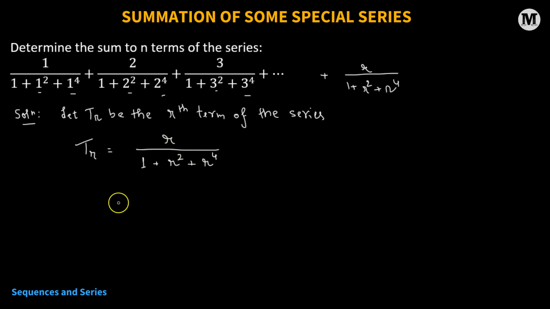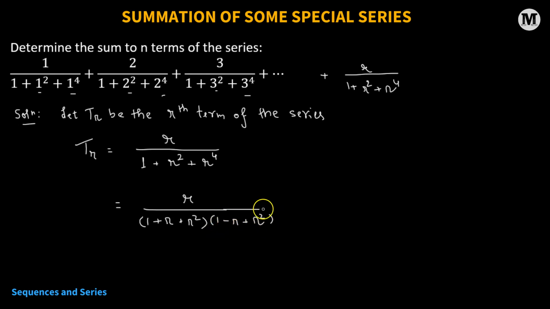So this is going to be given by, now what we do, we are going to first factorize the denominator. So here we have r divided by, in the denominator, 1 plus r squared plus r raised to the power of 4. Now clearly this is a biquadratic form. So when we factorize it, we are going to get the factors as two quadratics. So we have 1 plus r squared multiplied by 1 minus r plus r squared.